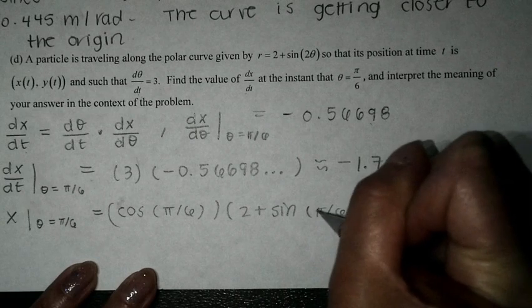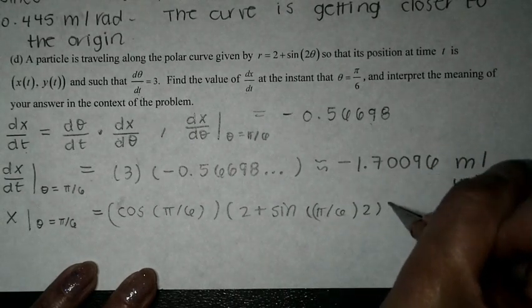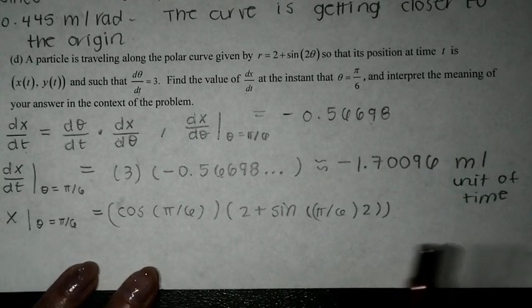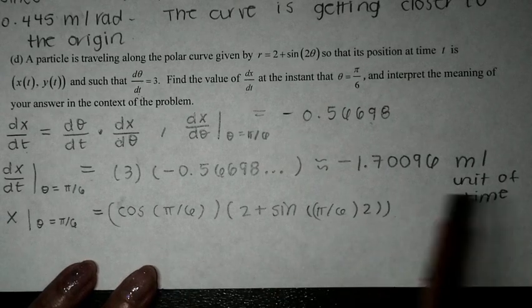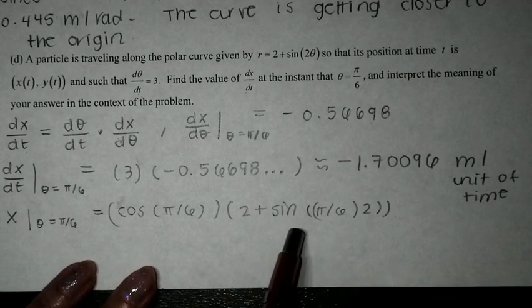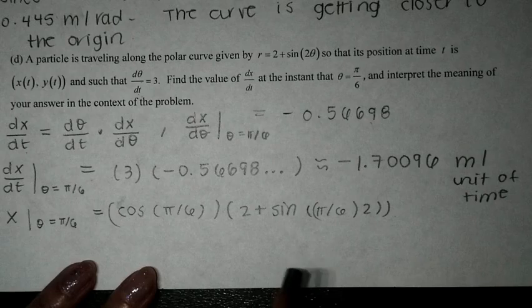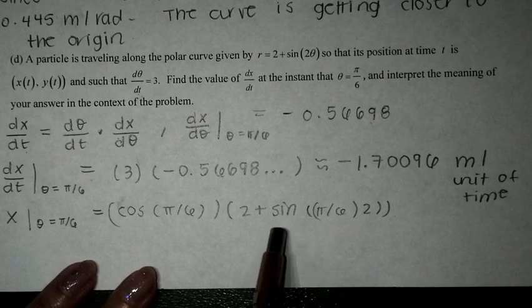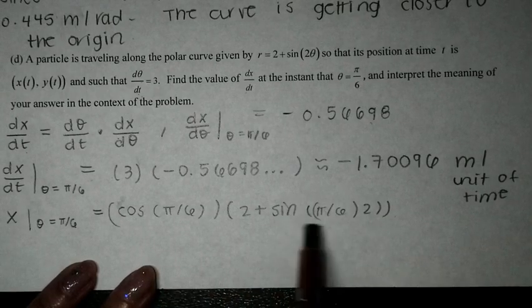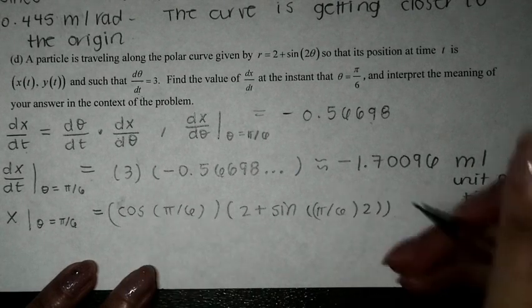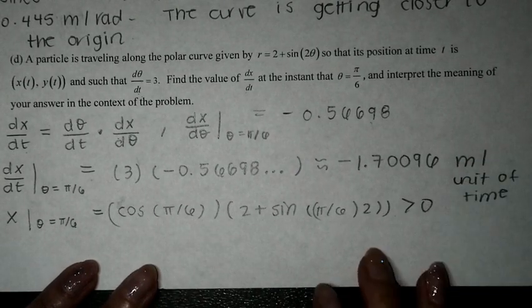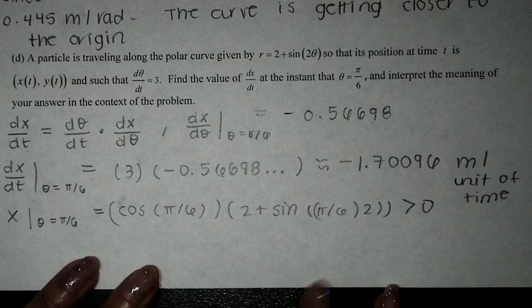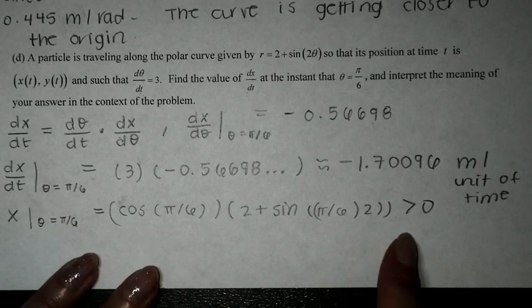So we want to know what's the business here. What we know is that this is going to be positive because this is in quadrant 1 and this is in quadrant 1. I don't even evaluate that. So you know that this x is greater than 0.